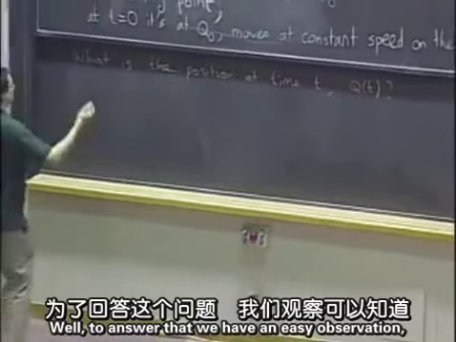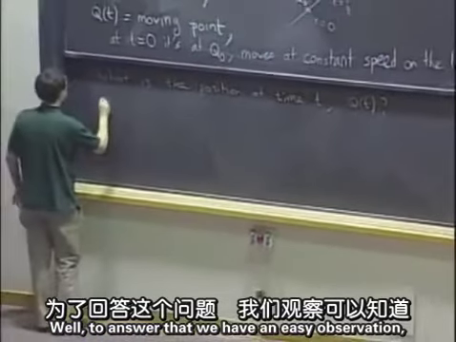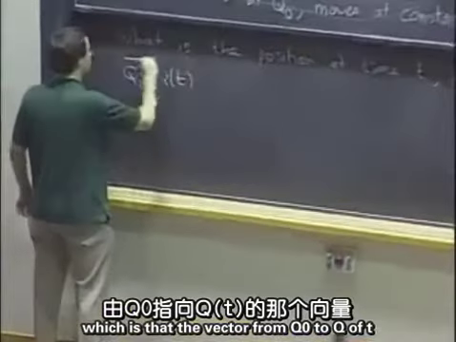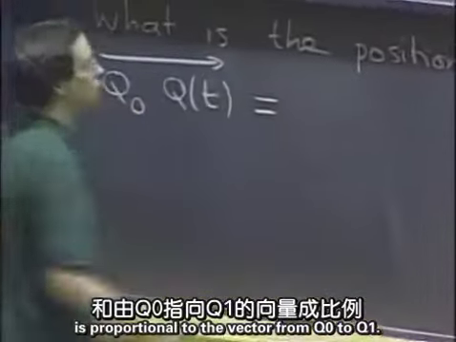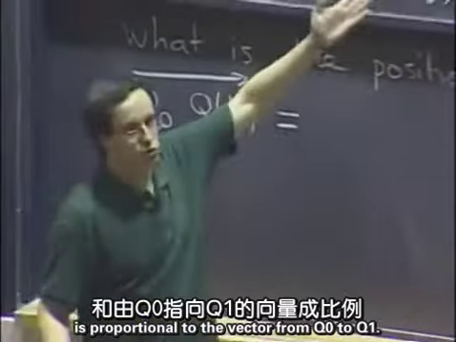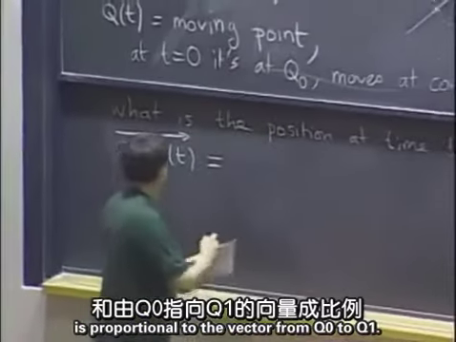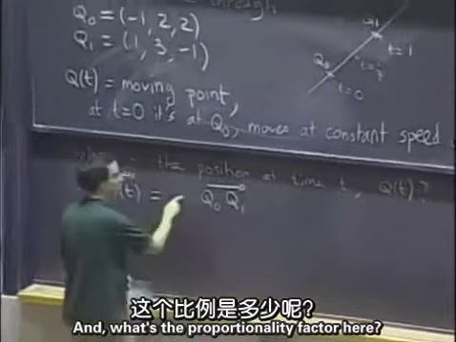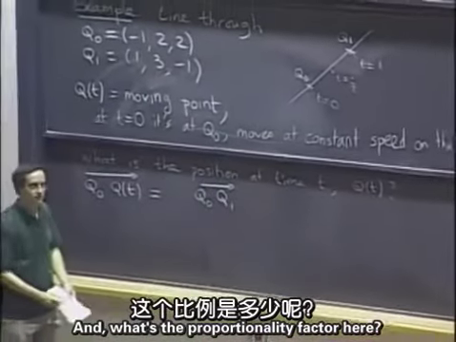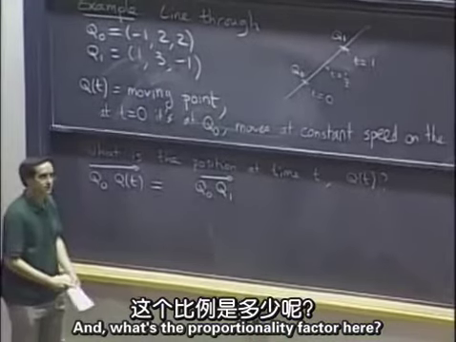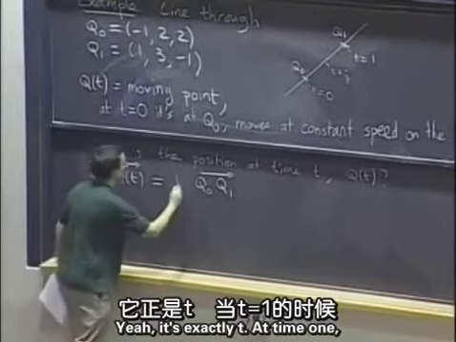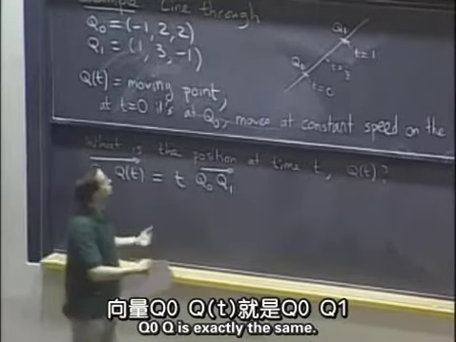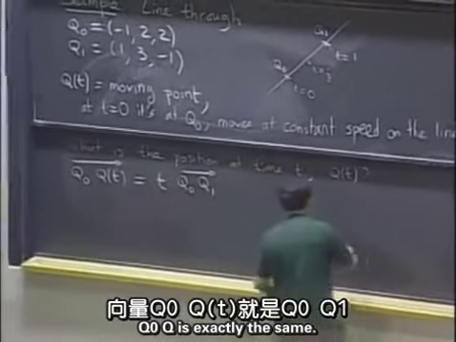Well, to answer that, we have an easy observation, which is that the vector from q0 to q of t is proportional to the vector from q0 to q1. And what's the proportionality factor here? Yes, it's exactly t. At time 1, q0q is exactly the same.